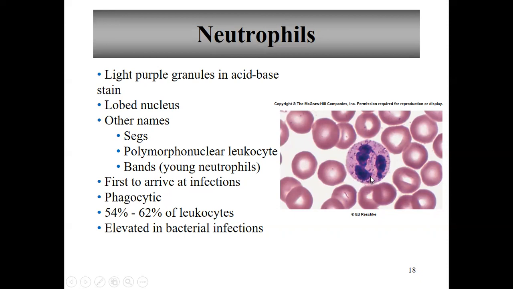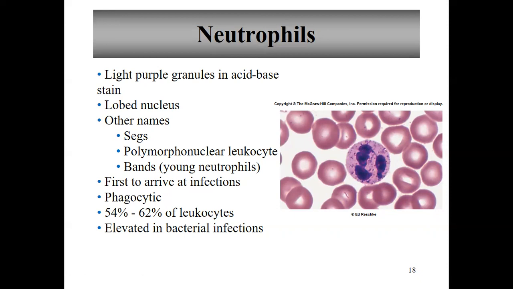Many of those are your organelles, the little organs inside the cell that help it to do what it needs to do. And these big spots are your nucleus. So here, it looks like you have different lobes of your nucleus. So one lobe, one lobe, one lobe, one lobe, and then a tiny lobe. That is what it means when it says a lobed nucleus. This is a typical look for a neutrophil.